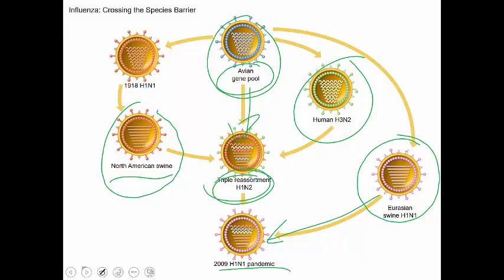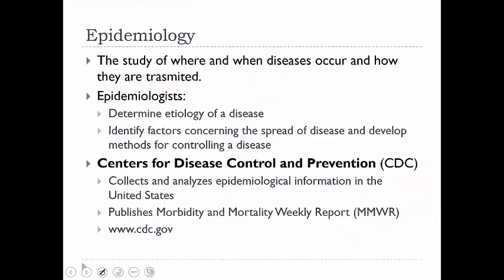So viruses are very interesting in their ability to collect genetic information if the organism is infected by more than one virus at a time. And we've talked about this process when we talked about viruses.